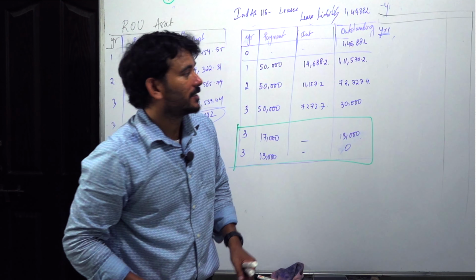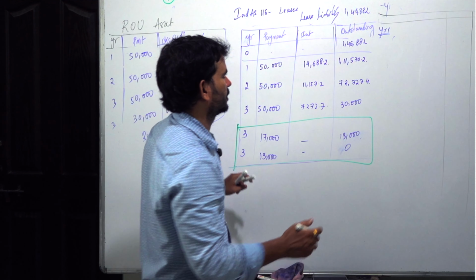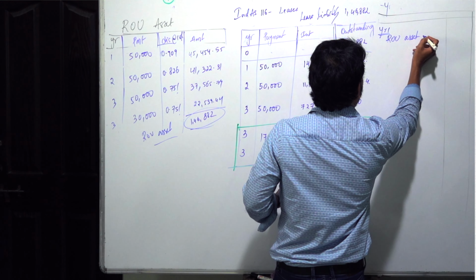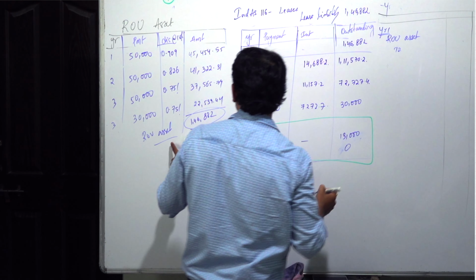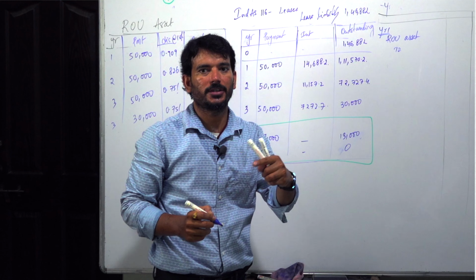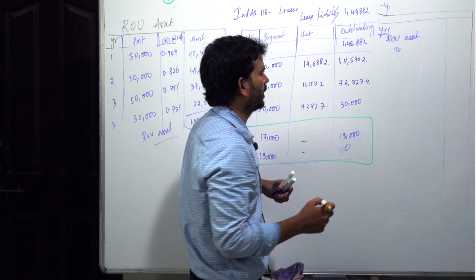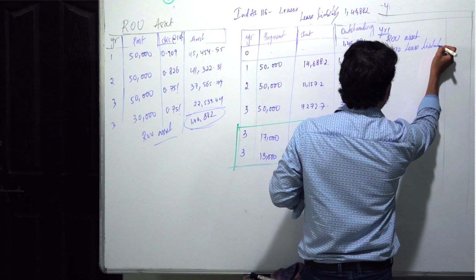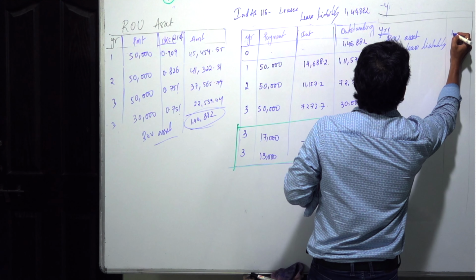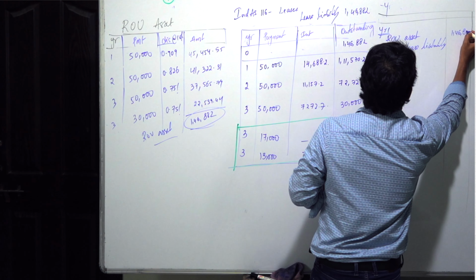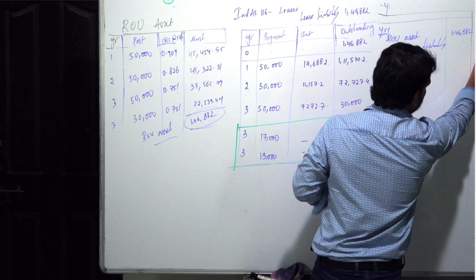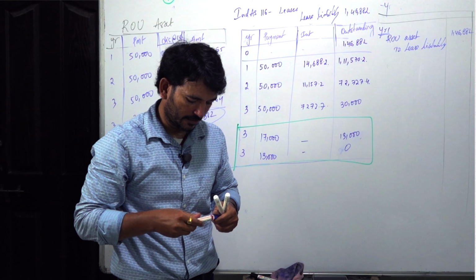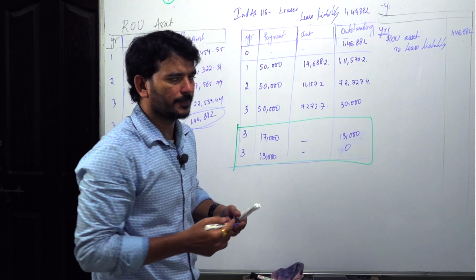ROU asset debit to lease liability. As I said, at the inception ROU asset and ROU liability should be the same. Lease liability 1,46,882. So that is the entry for the ROU asset. Narration and all I am not writing.